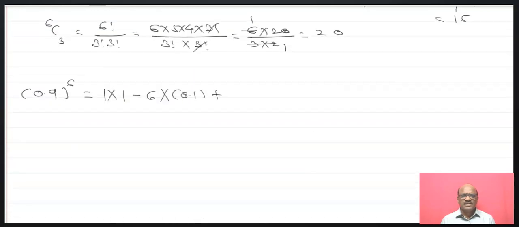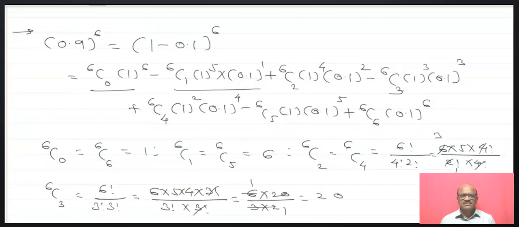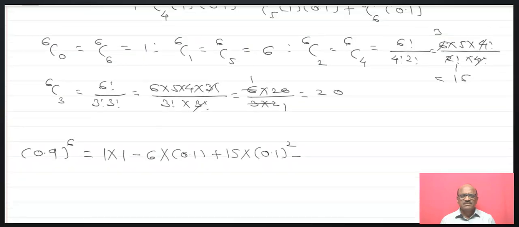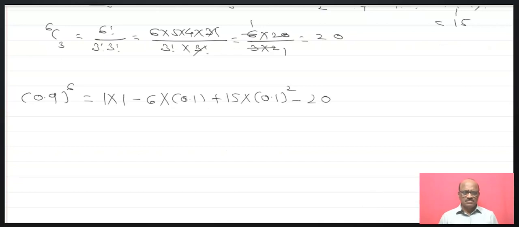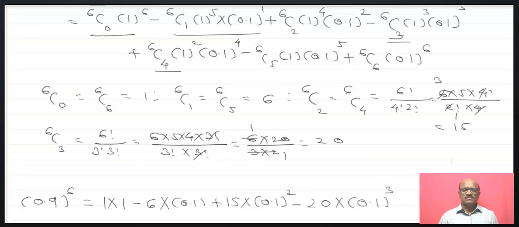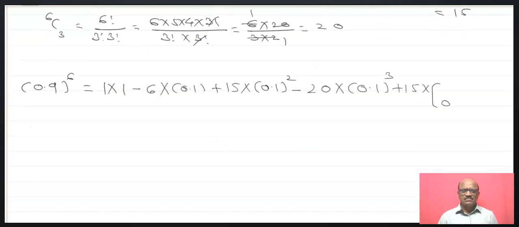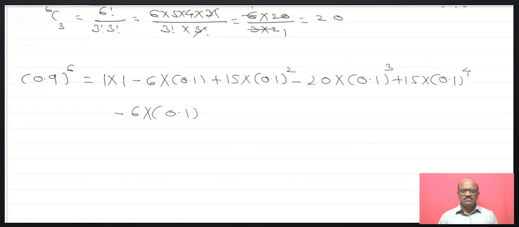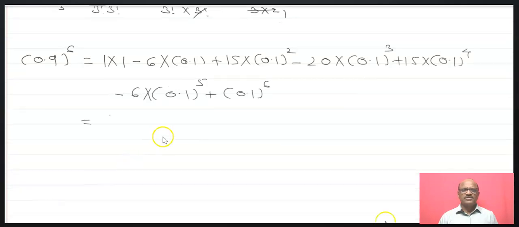Now I am doing the ups and downs of the screen. These are the values.